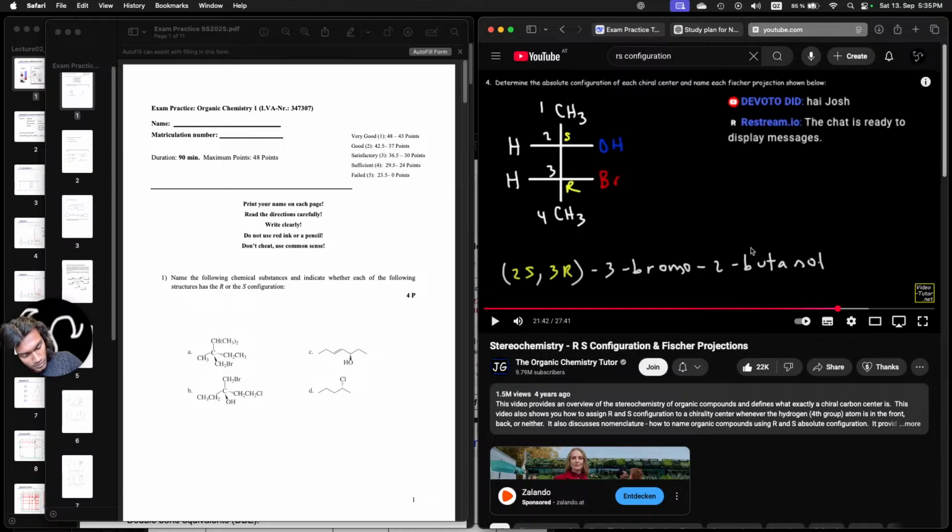So 2S, 3R, 3-bromo, 2-butanol. That's how we can name this particular Fischer projection.